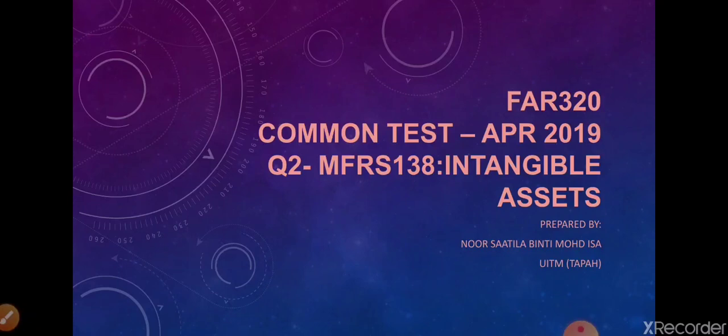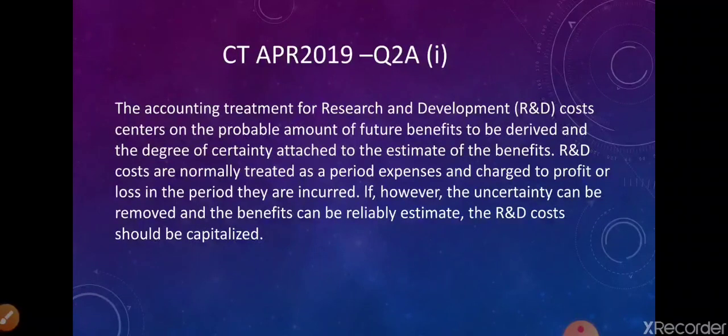So today I would like to share with you another common task suggested solution for April 2019. Question 2, MFRS 138 Intangible Assets. So question 2A1, the accounting treatment for research and development costs centers on the probable amount of future benefits to be derived and the degree of uncertainty attached to the estimate of the benefits.